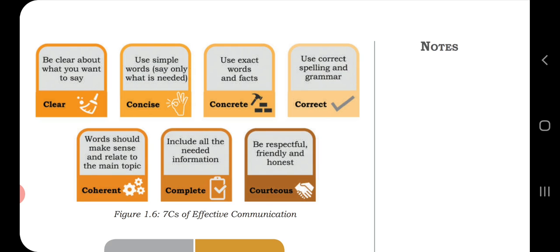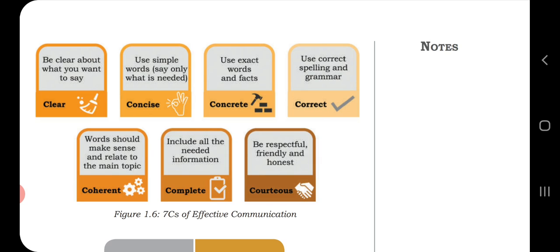If we are going to quote any figures, those should be correct, taken from some appropriate place, some good book, some good website. Whatever facts we put in front of people should be very, very correct. It means we should use exact words and facts. It will give a concreteness to whatever we speak.